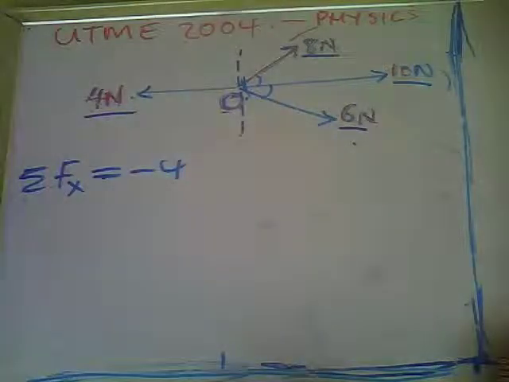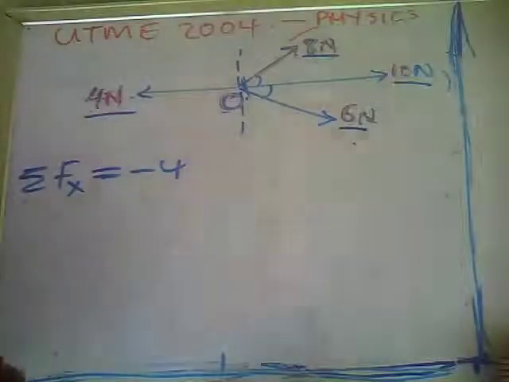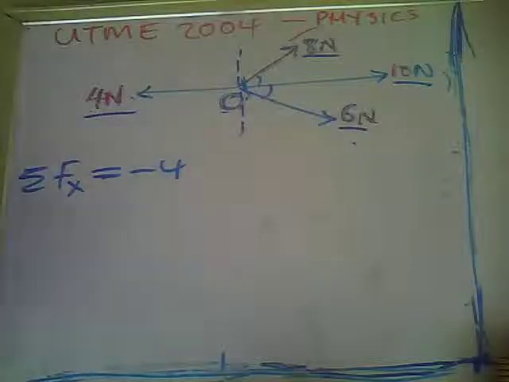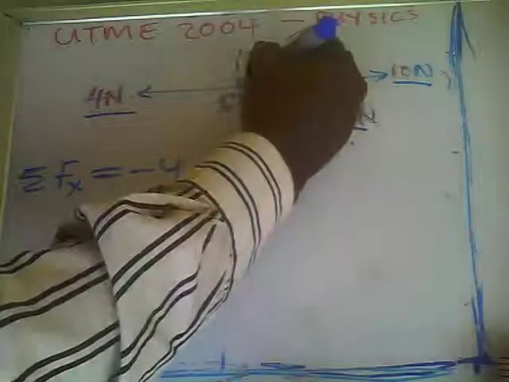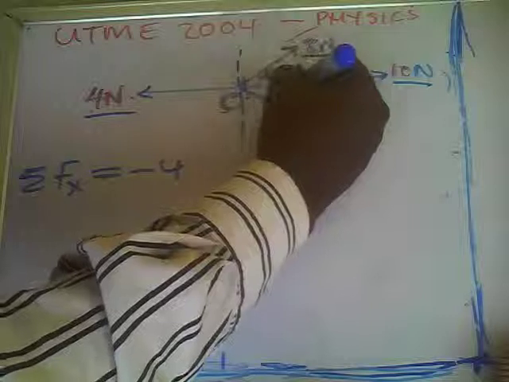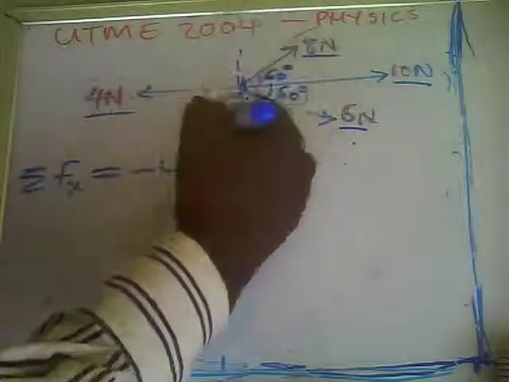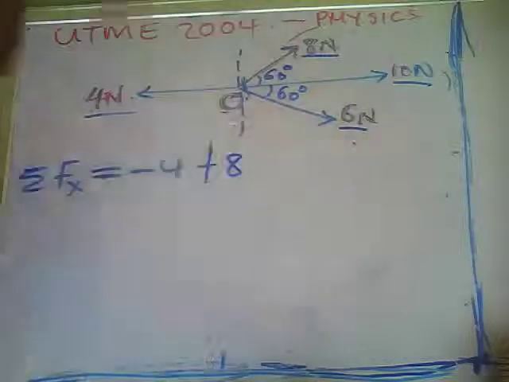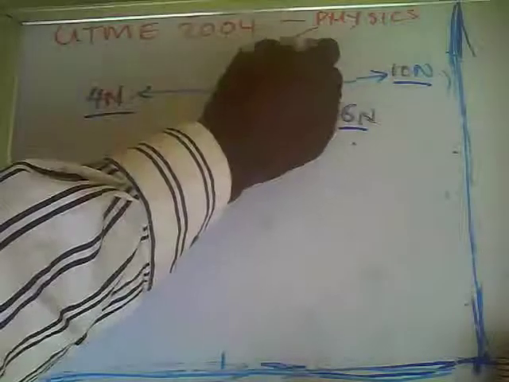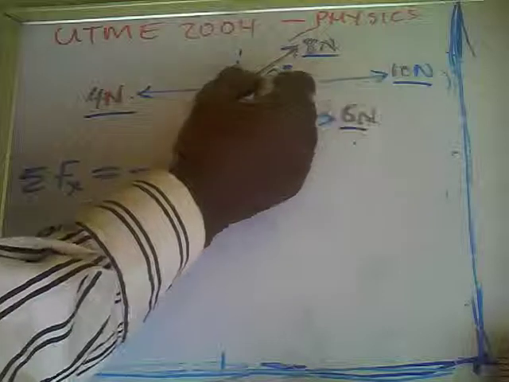Now this one here, the angle indicated is 60 degrees, and this is also 60 degrees. So this one is going to be plus 8, but we have to resolve 8 along the horizontal. That is 8 cos 60.